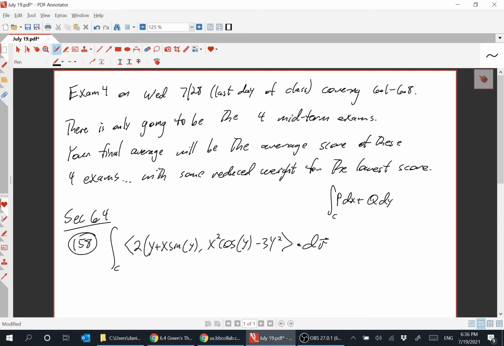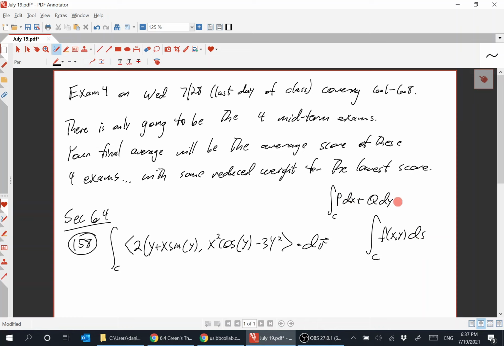I mentioned in the lecture, and we talked about last time, how that is just another notation for this. So that is not the scalar line integral. The scalar line integral is written like this. Okay, so it's just a function ds. There's no dx dy, it's just ds. This is P dx plus Q dy. So that's a dot product.